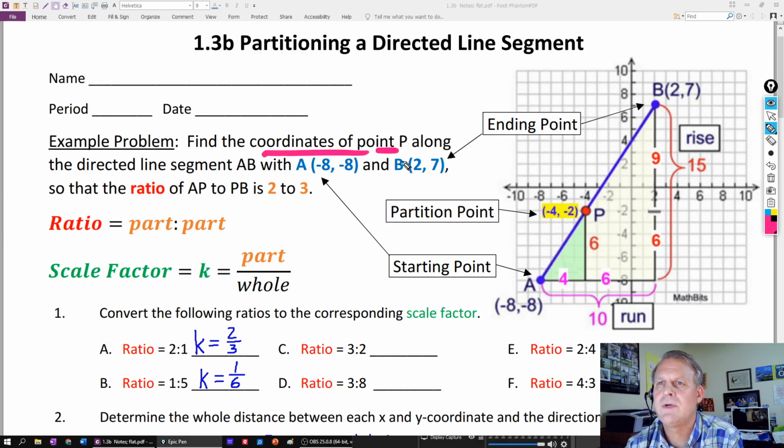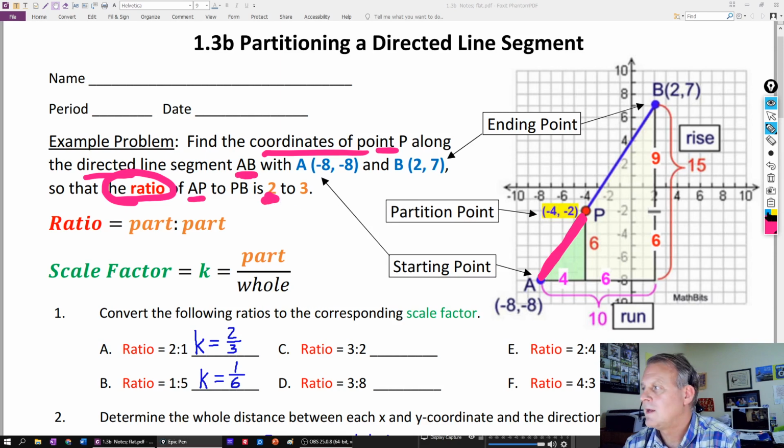Find the coordinates of point P along the directed line segment AB so that the ratio, that's a key word for us, the ratio of AP, so AP is this part here, to PB, so PB is this part up here, is 2 to 3.